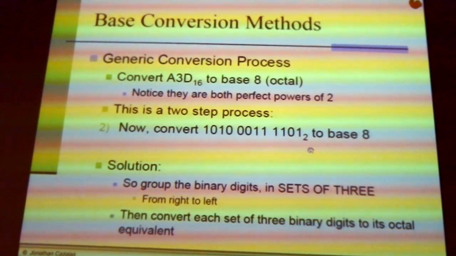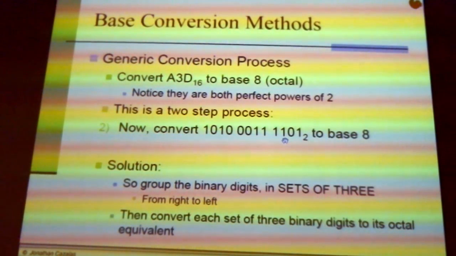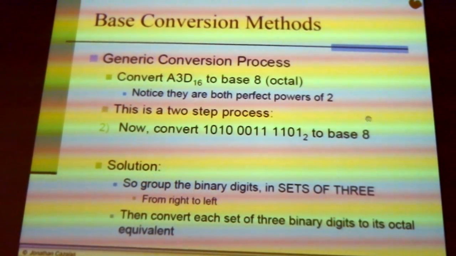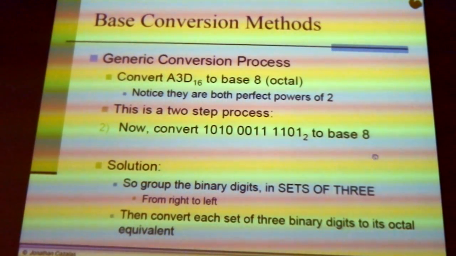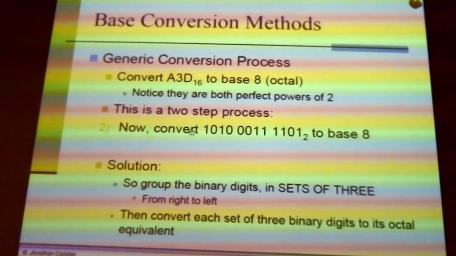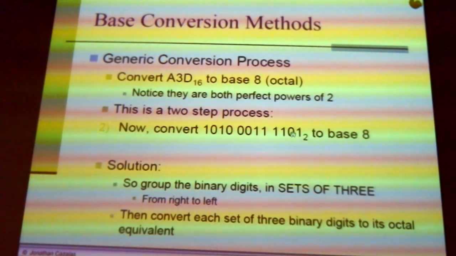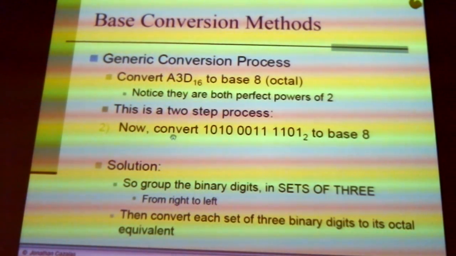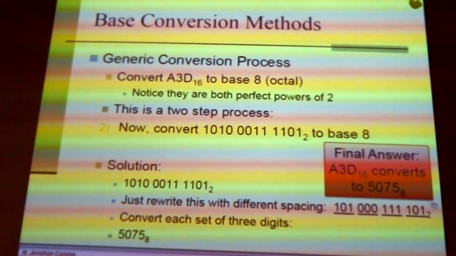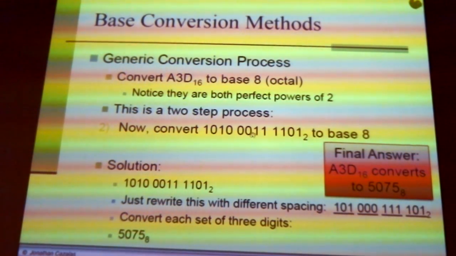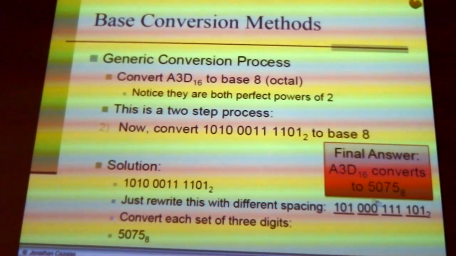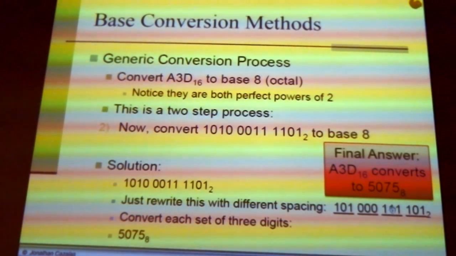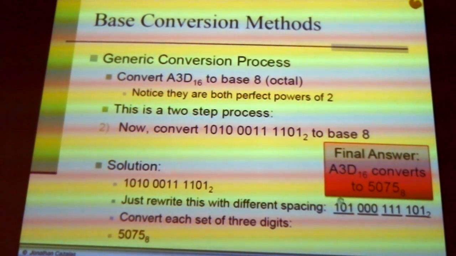Now, if we want to take this binary code and convert it to groups of 3, again, you start from the right and go to the left. I'm going to break up the sets of 4 so we can convert them down into 3s. Now I've split them into 3s. See my groups of 3 here?